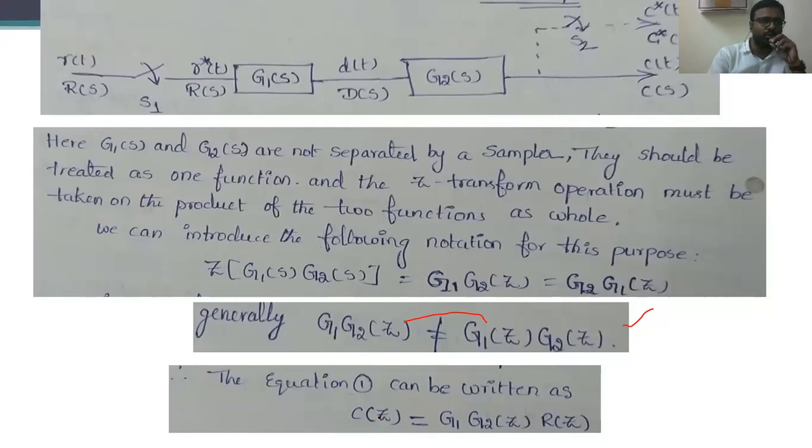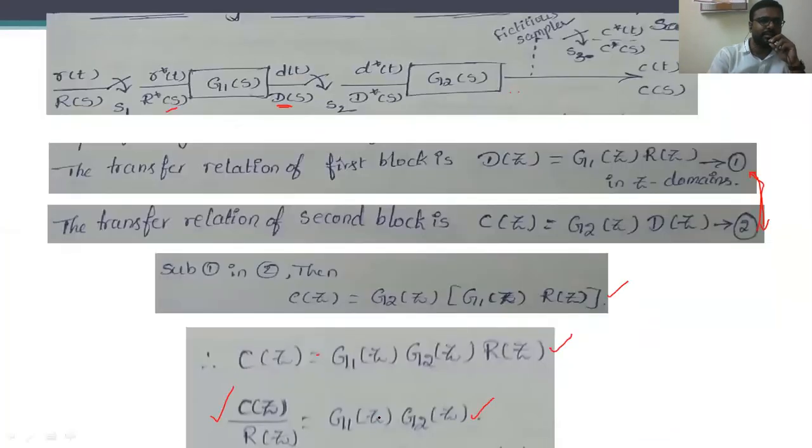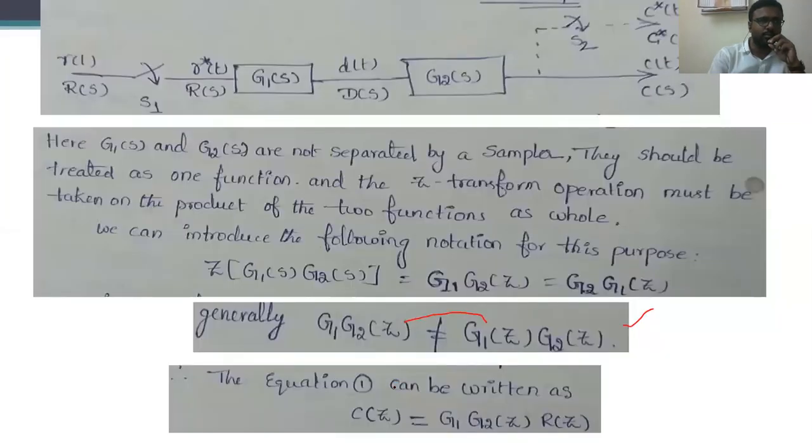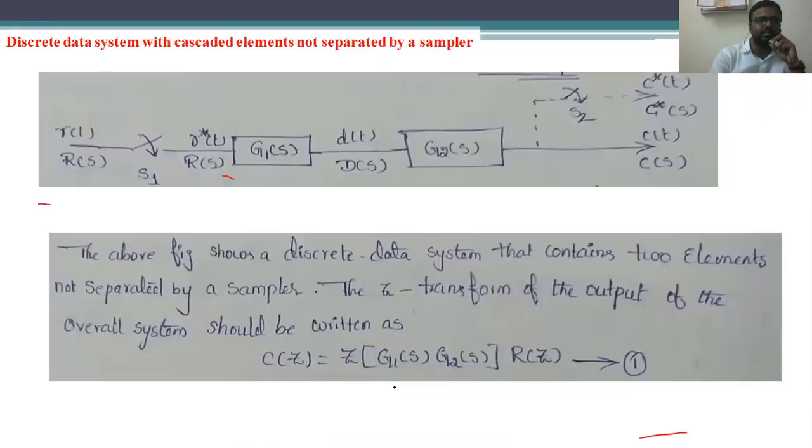Whenever the two cascaded elements are separated by the sampler, the pulse transfer function is nothing but G1 of Z and G2 of Z. Whereas whenever the two discrete data systems are connected in a cascaded position and not separated by a sampler, the pulse transfer function of the system is nothing but G1 G2 of Z. So these two discrete data systems are called open loop systems.